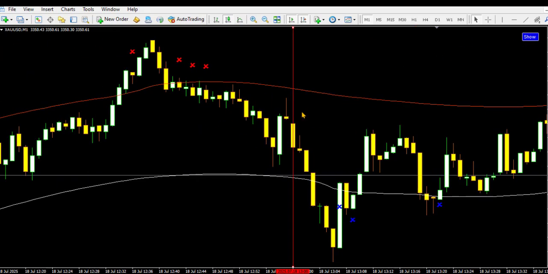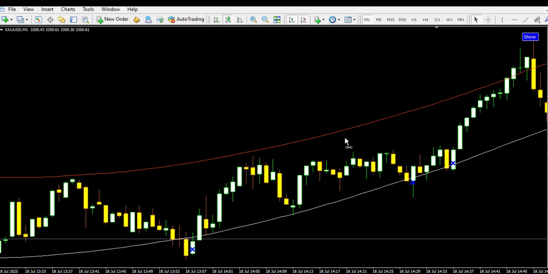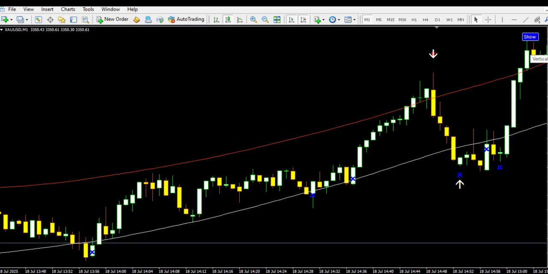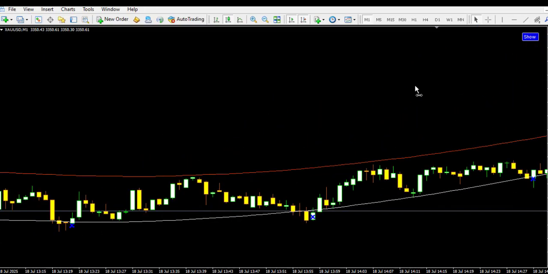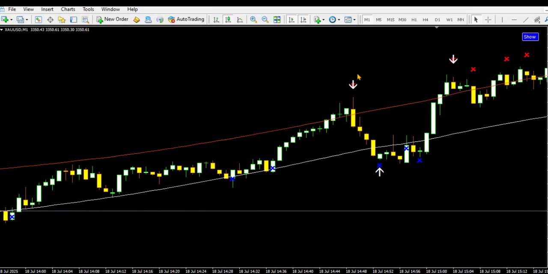So this is where we have it on 1 minute time frame. So let's look out for the next signal that was generated on lower time frame. So we have the first signal generated here on 1 minute time frame.